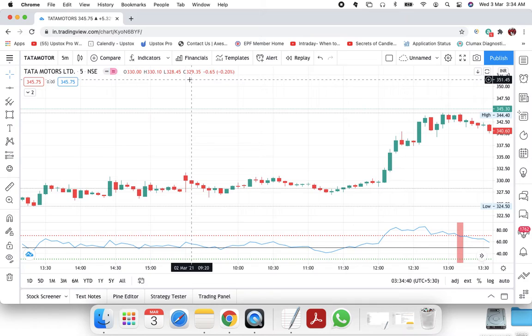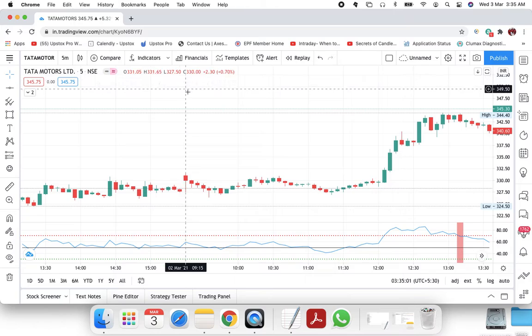So with this information, how do we decide when to enter a trade, when to exit the trade, and what is our stop loss? How do we decide about it? Okay, let's take today's complete price action and discuss a little further.